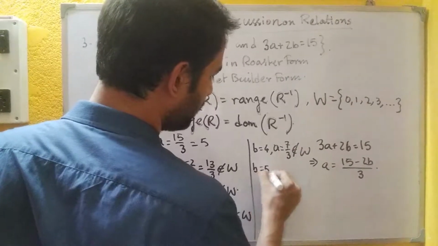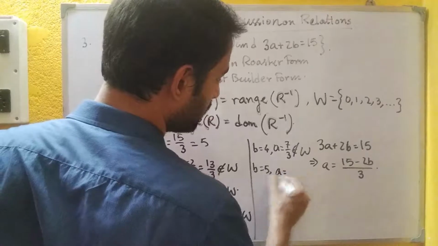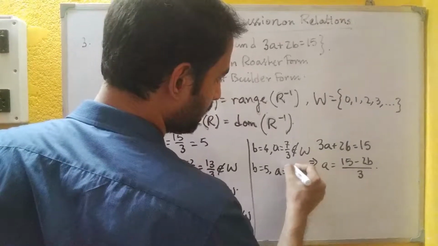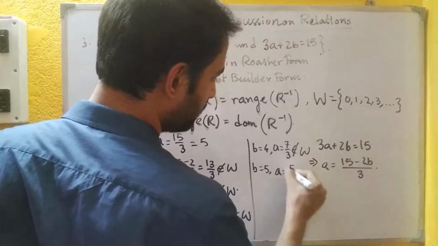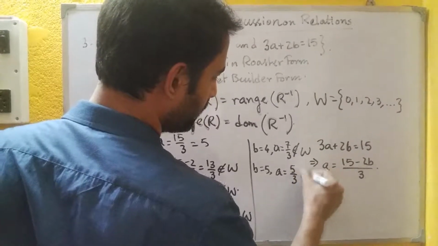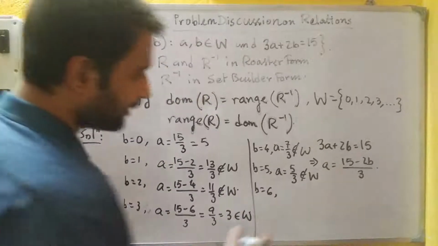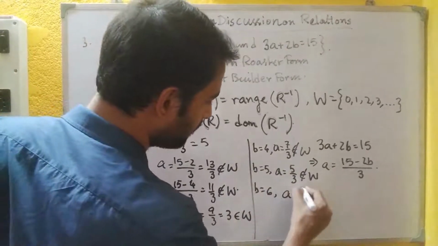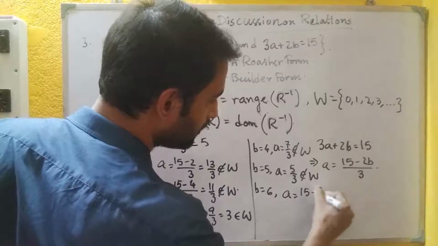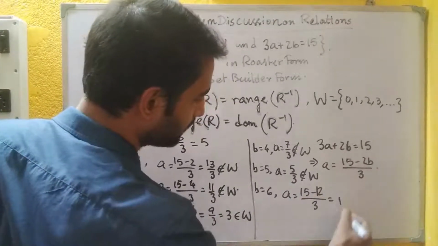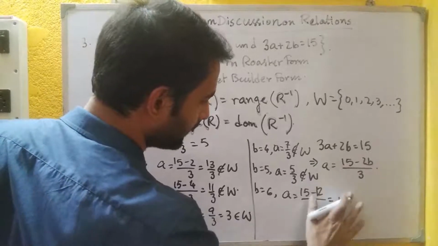For b equals 5, it is (15 minus 10) by 3, that is 5 by 3, not in the set. But for b equals 6, you will see that it is (15 minus 12) by 3, that means it's 1, and it is in the set.